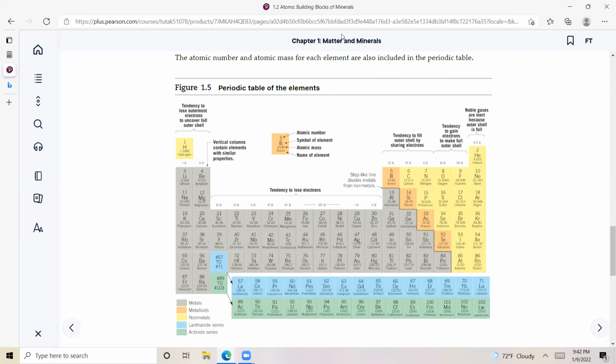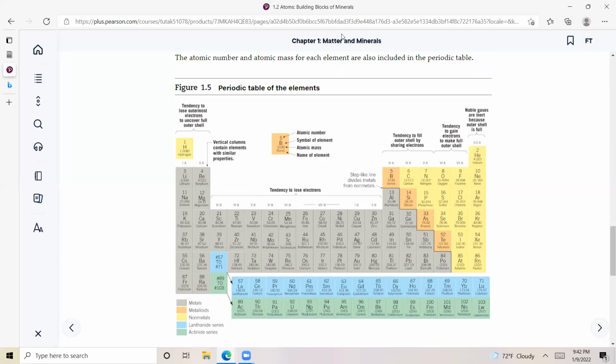Some elements lose electrons, some elements gain electrons. Electrons are much smaller than both protons and neutrons. So the electrons are really small. The electrons have a negative charge that is equal in magnitude to a proton's positive charge.